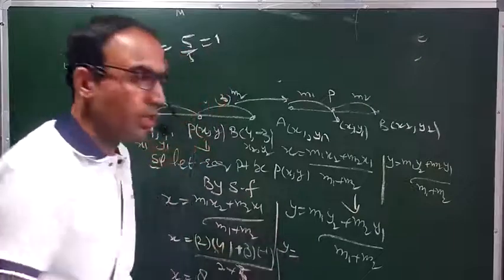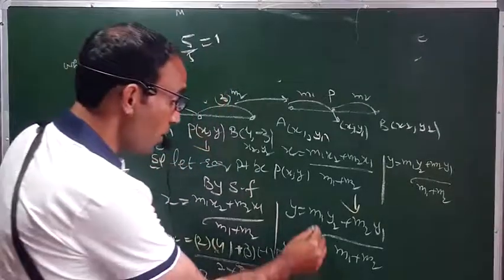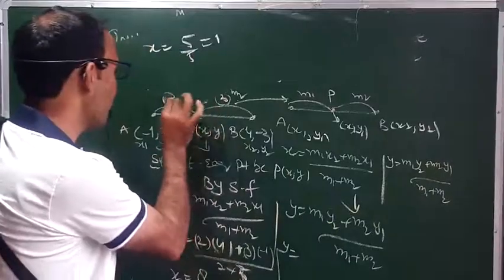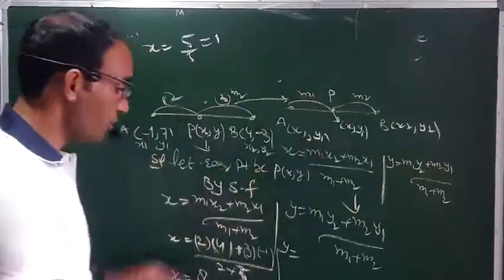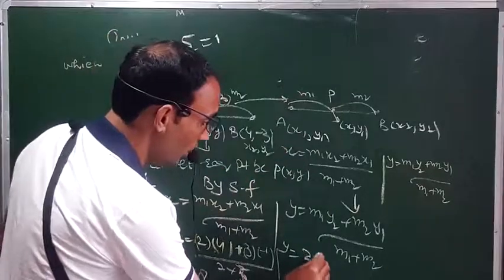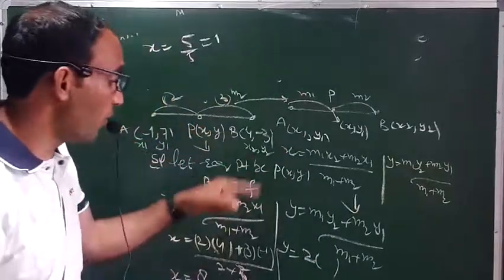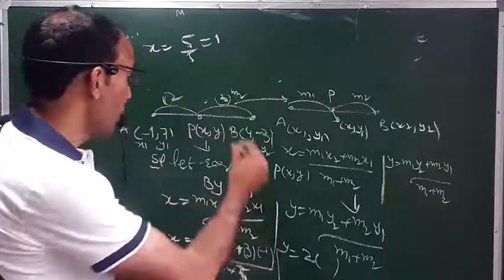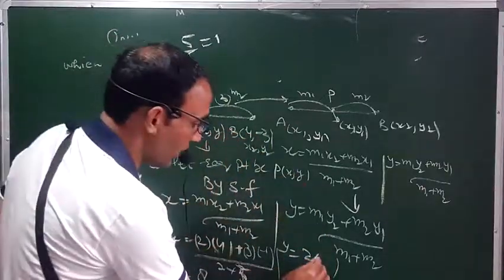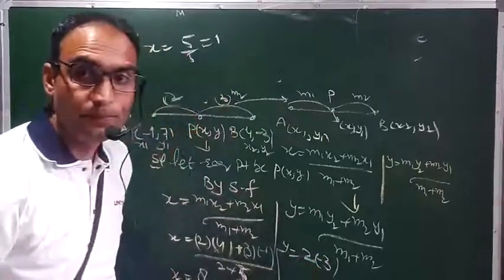What is the value of m1? Dear students, value of m1 that is 2, that is 2 into what is the value of y2? y2 का जो वैल्यू है बेटा that is minus 3, बीच में आएगा प्लस what is the value of m2?